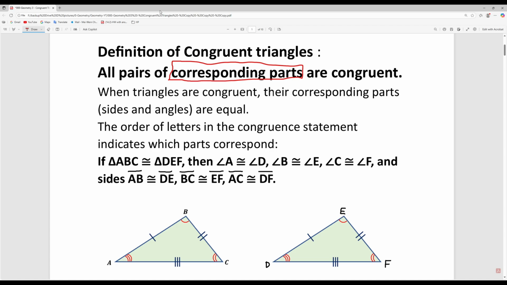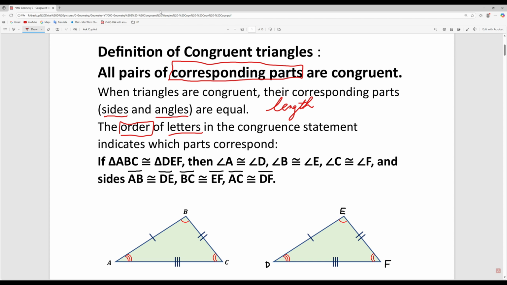When triangles are congruent, their corresponding parts, sides and angles, are equal. We are talking about the length. The order of letters in the congruent statement indicates which parts correspond.